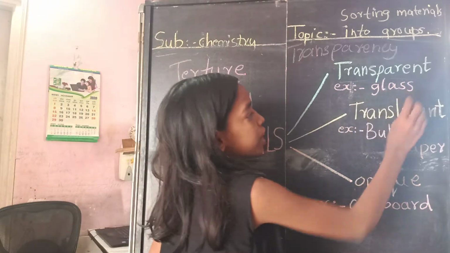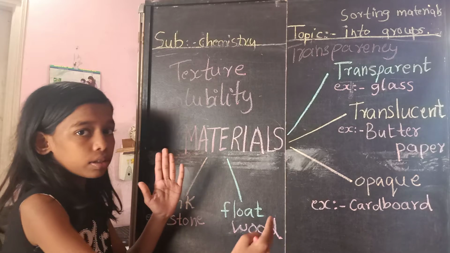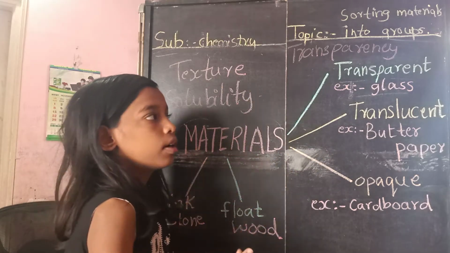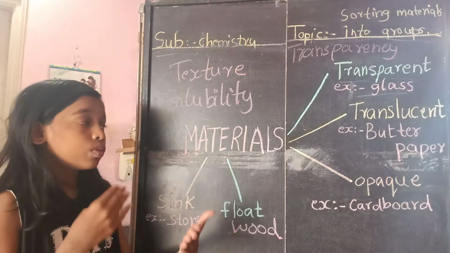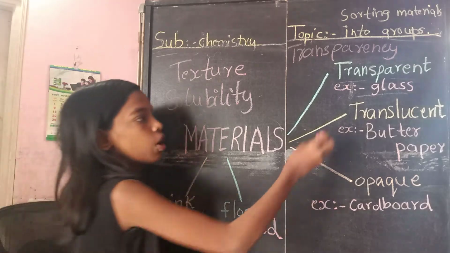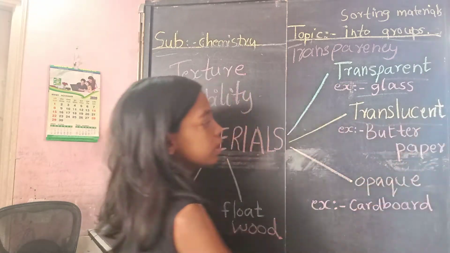Example, glass. If you take a piece of glass and see, you can see through it. That is because all the light can pass through it. That is called transparent.